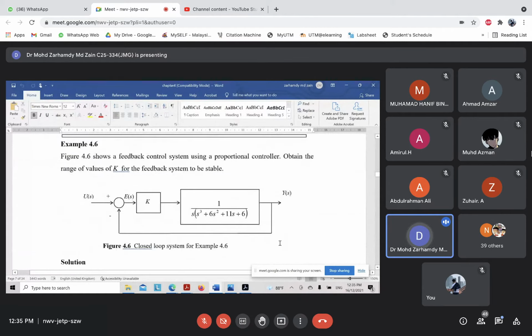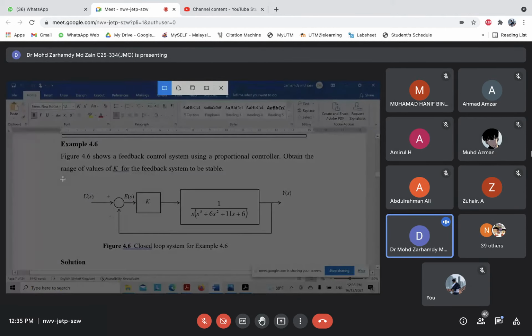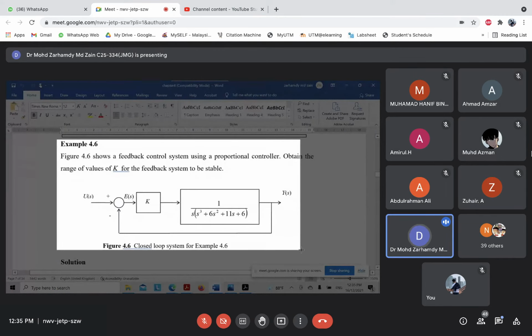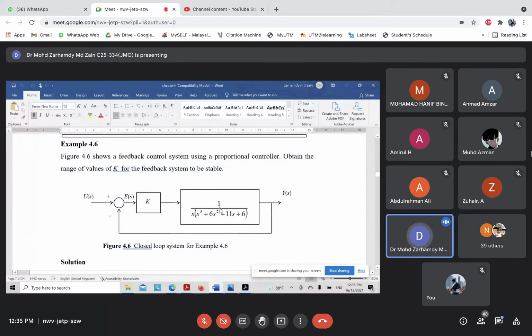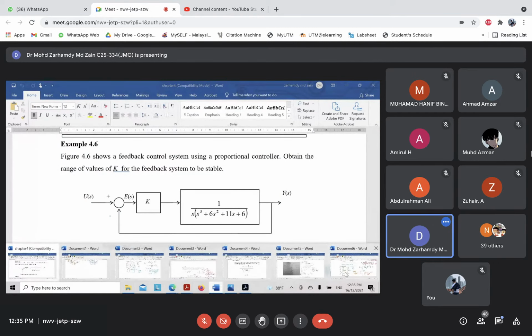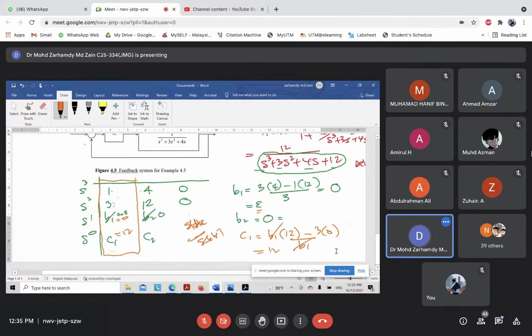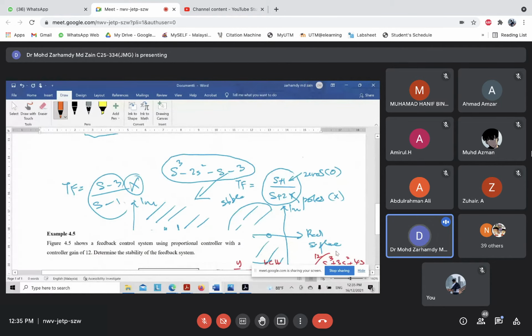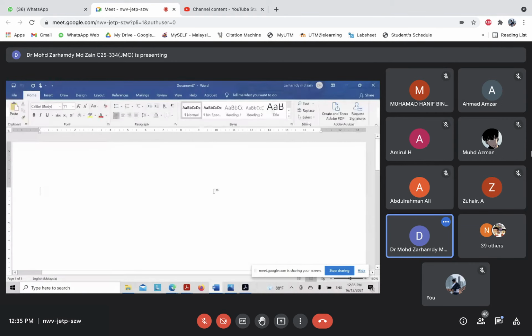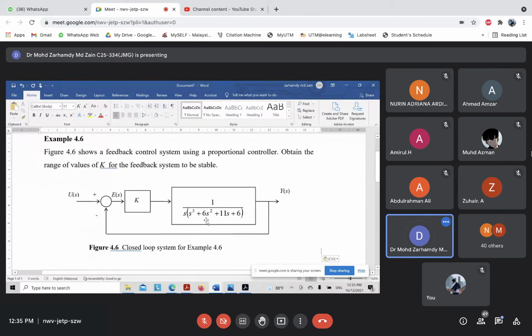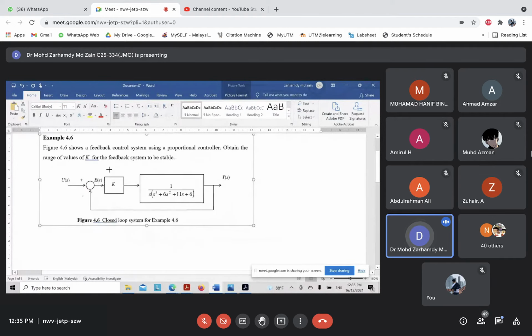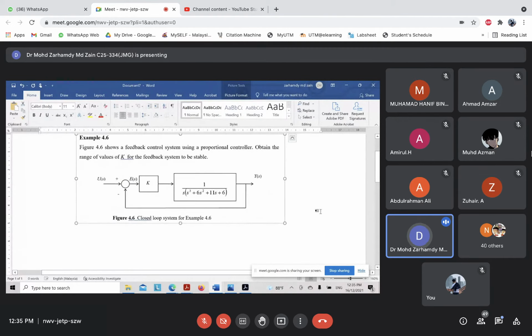Now we are looking for the range of our controller. I will explain in a moment. Redo it, don't worry. So what is the purpose of this example?